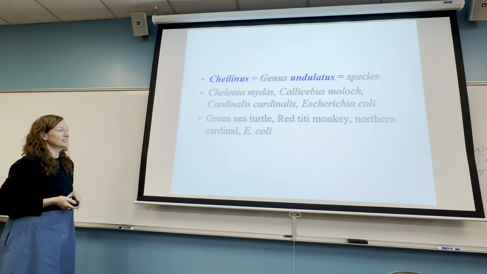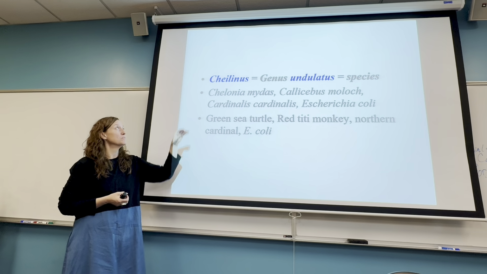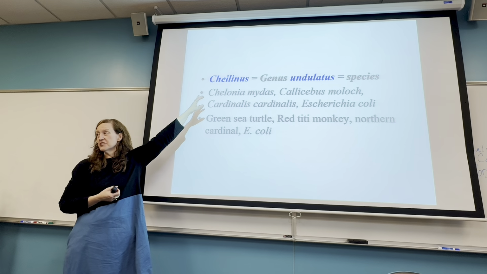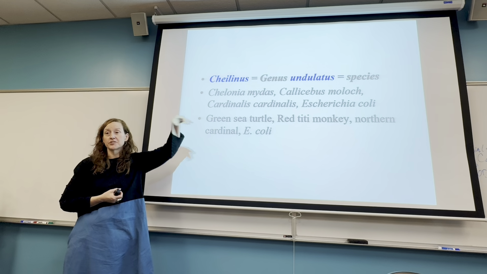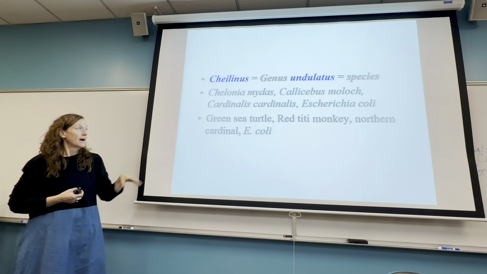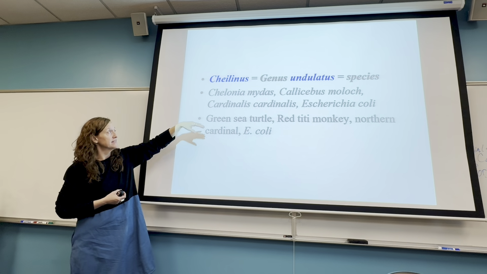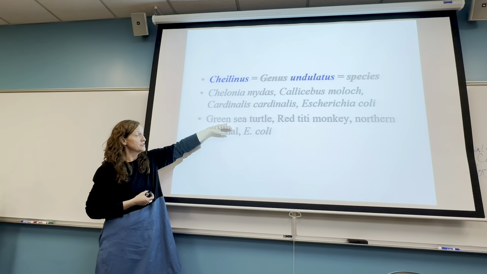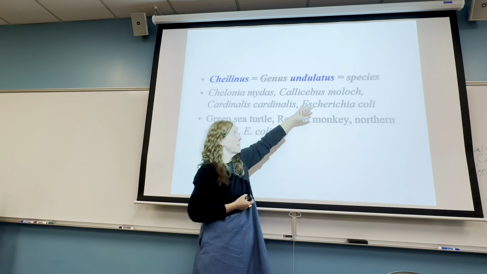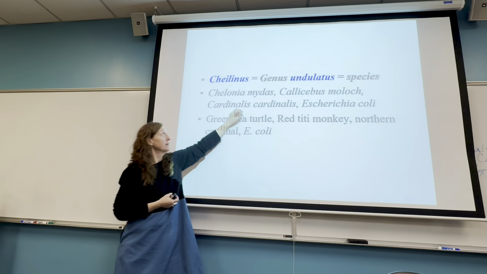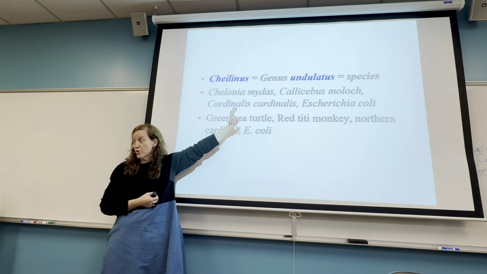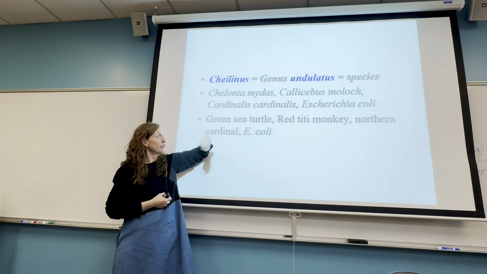So let's take a look at some scientific names. When we look at Cheilinus undulatus, Cheilinus is the genus name and undulatus is the species name. I have a couple other ones listed, like Chelonia mydas is the green sea turtle, Callicebus moloch is the red titi monkey, Cardinalis cardinalis, that red bird we see in our area, is the northern red cardinal.